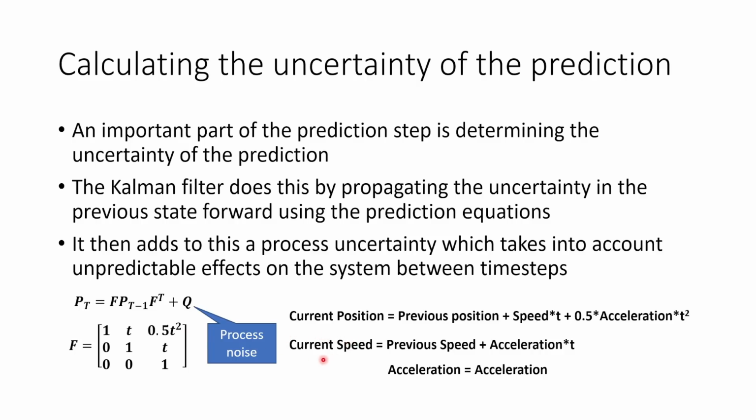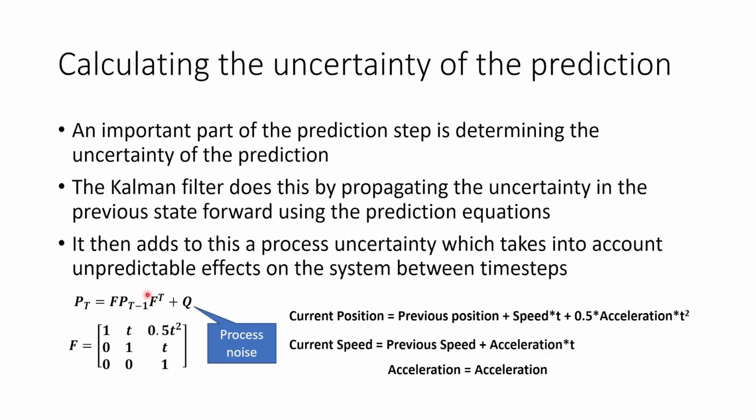The second line of the equation has the current speed equals the previous speed plus acceleration times time, so previous speed is just a 1, acceleration times time, just t, and the current acceleration equals the previous acceleration, so that's just a 1 as well. And this allows us to create our F matrix, and it's based on the prediction equations.